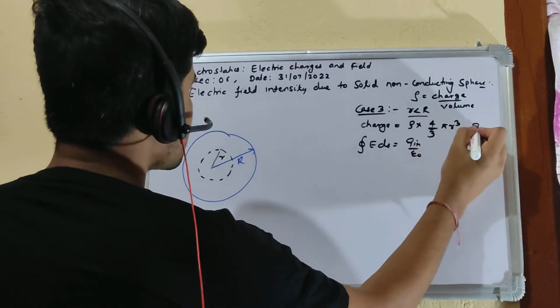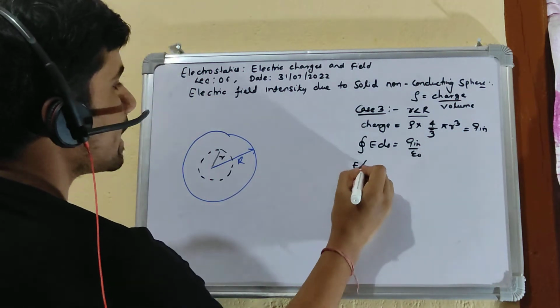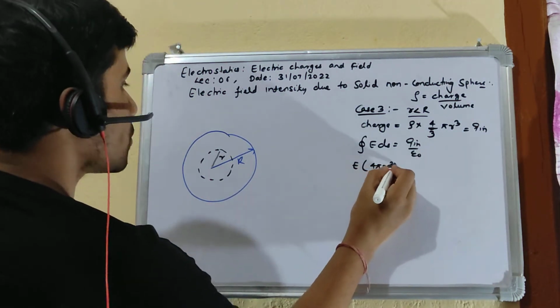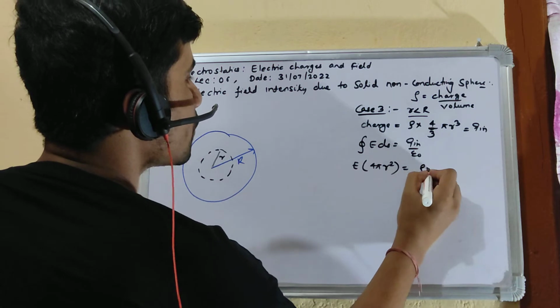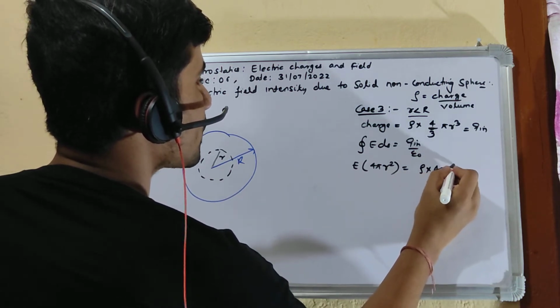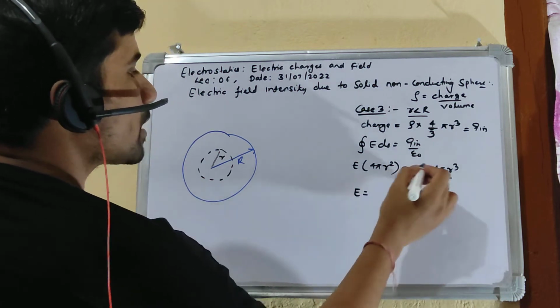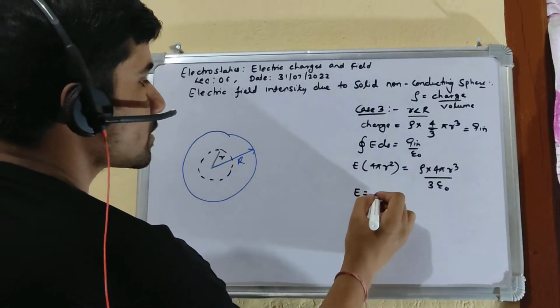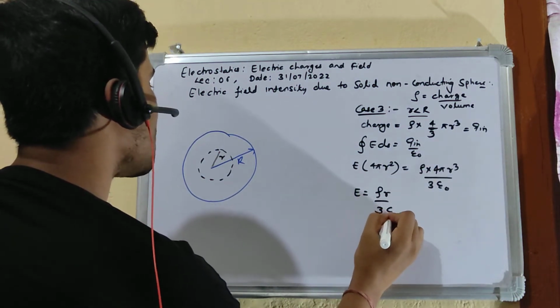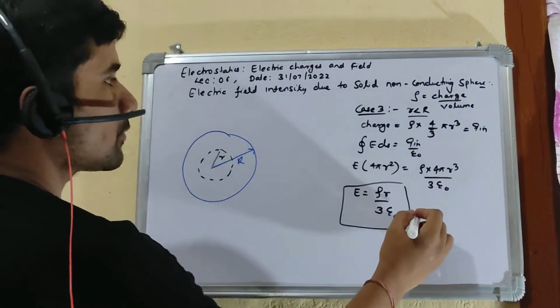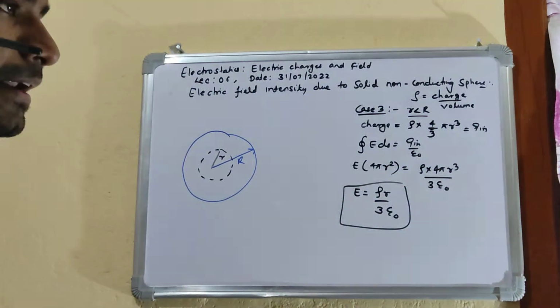So E times area, which is 4 pi r square, equals charge enclosed, which is rho into 4 pi r cube by 3 epsilon naught, right? Now 4 pi cancels out, r square cancels out, and this will be rho r by 3 epsilon naught. So this is for the case r less than R, right?